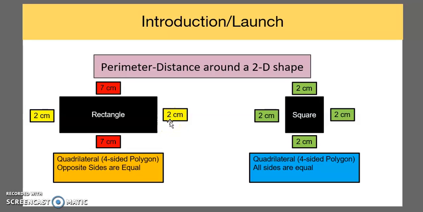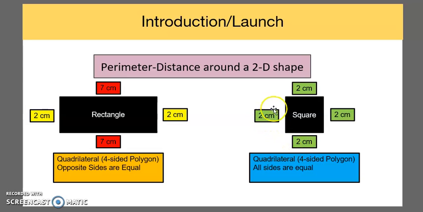The other figure we're going to be working with is a square. A square is also a quadrilateral, which means a four-sided polygon, and we also know that all sides are equal. So what does that mean? If we know that one side is given, so let's say one side is 2 centimeters, we know each of the other missing sides.